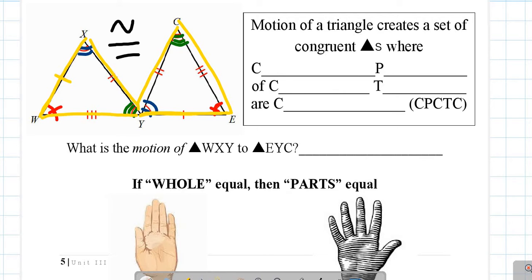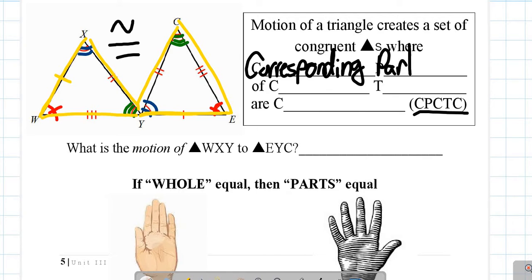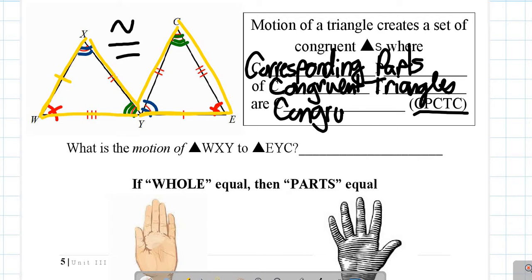This concept of the whole being equal and parts being equal has a fancy acronym, CPCTC: corresponding parts of congruent triangles are congruent.